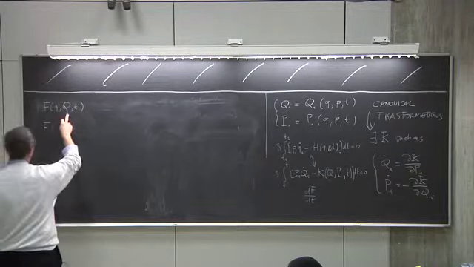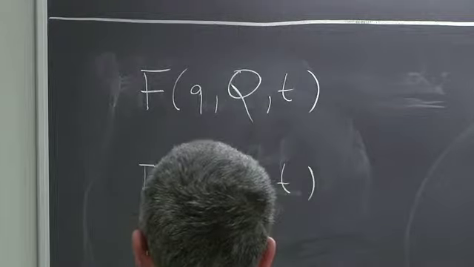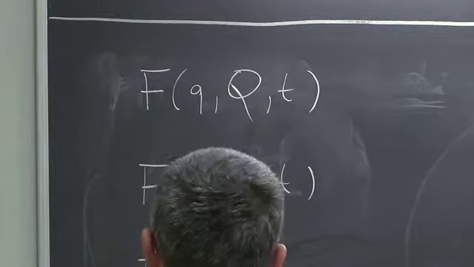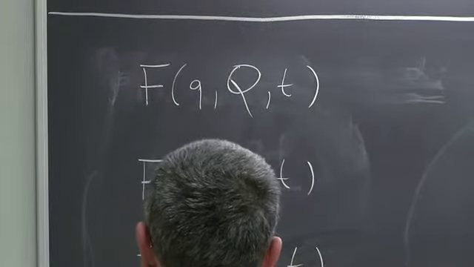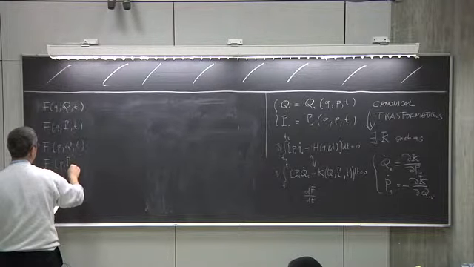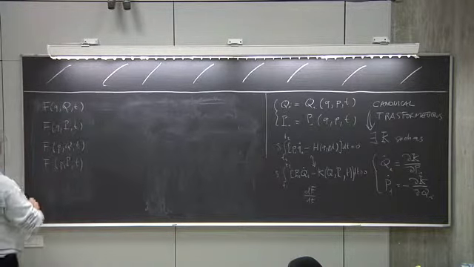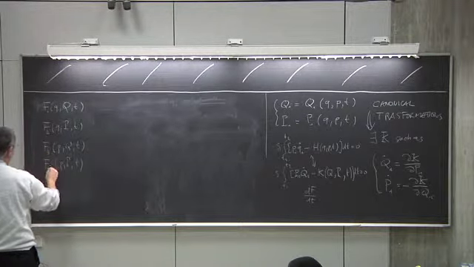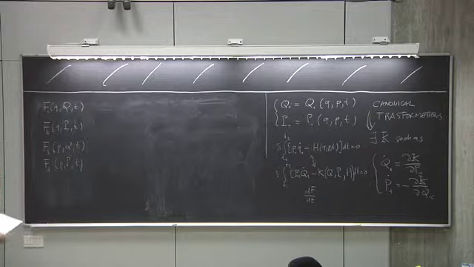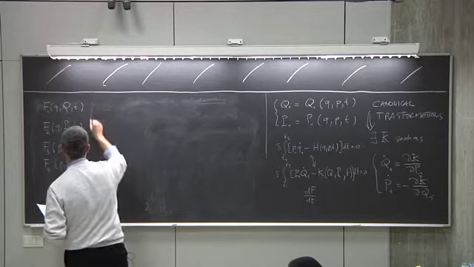It can be little q and big Q, or little q and big P, or little p and big Q, or little p and big P. Usually in the literature they are called F1, F2, F3, and F4.